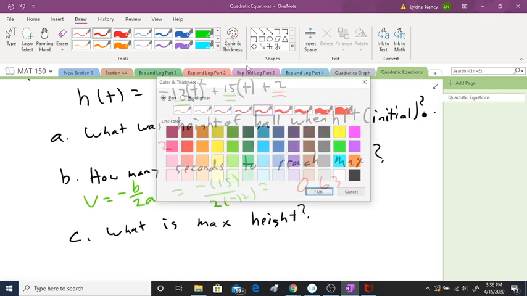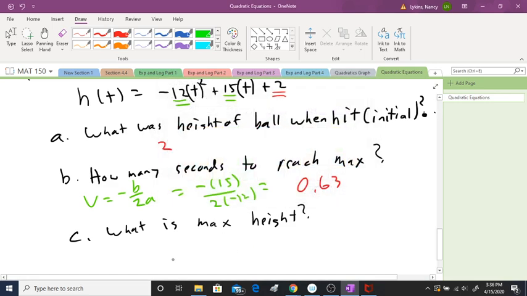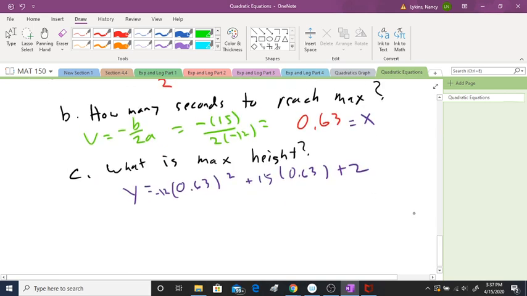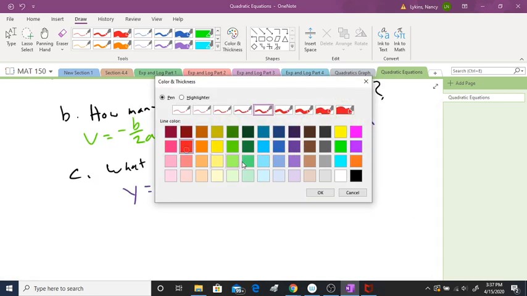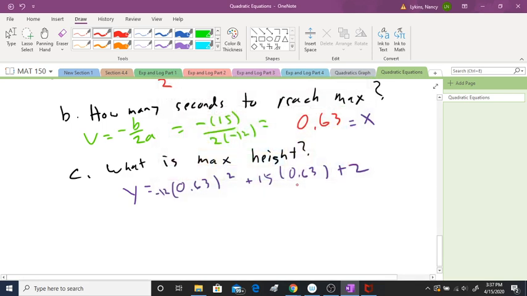For the maximum height, you just put this into our original equation. The vertex right here, this is my x value, where it reaches the maximum. The height is going to be, you put the 0.63 into our original equation, and this is going to give you the maximum height.